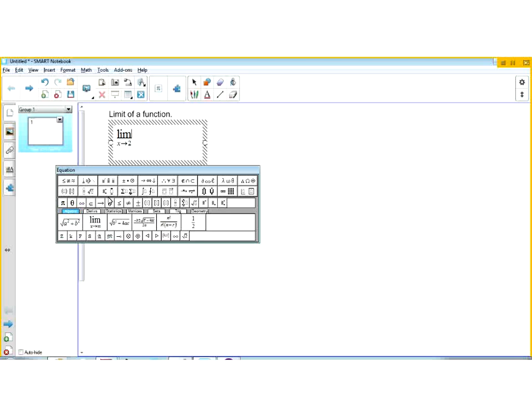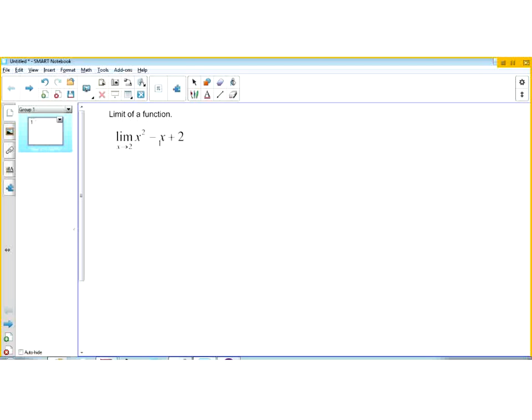Let me try it again: x squared minus x plus 2. All right, so we want to evaluate the limit of this function. So that's our objective. So what if we were to look at the graph of the function?